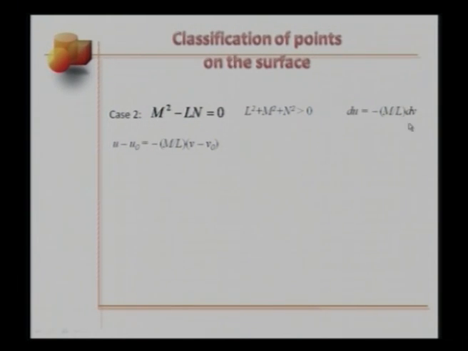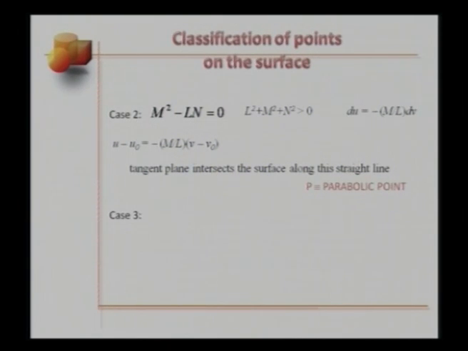So this expression is u minus u0 equals minus m over L times v minus v0. Physically, the tangent plane would intersect the surface along this straight line. These points are termed parabolic points.